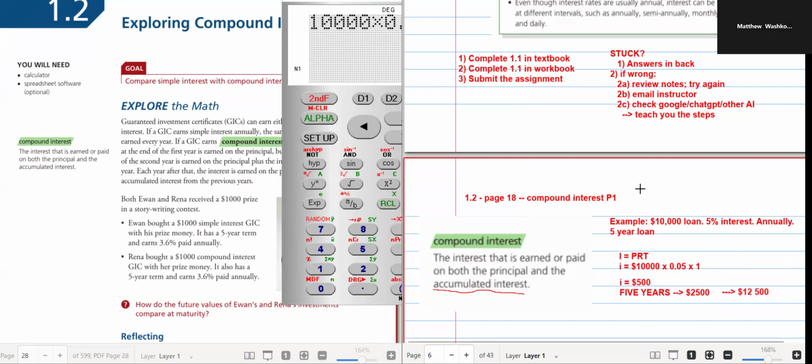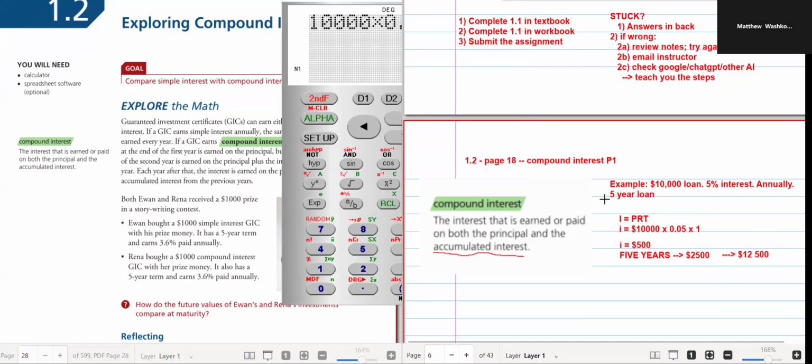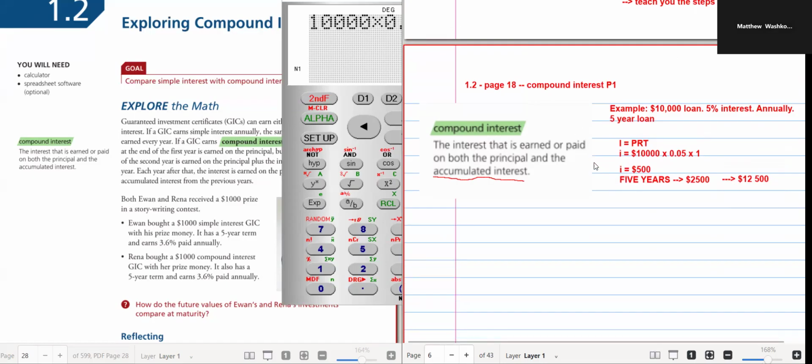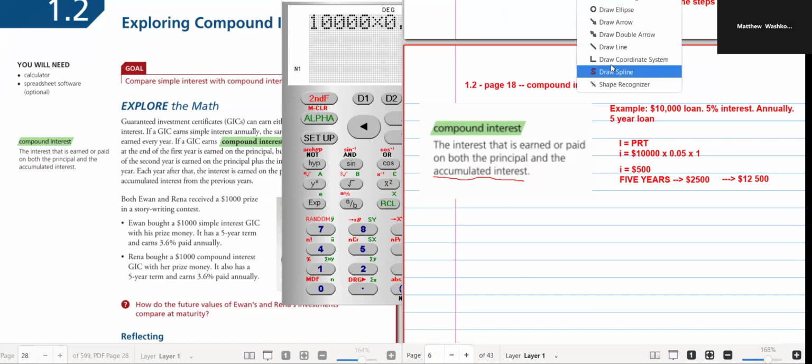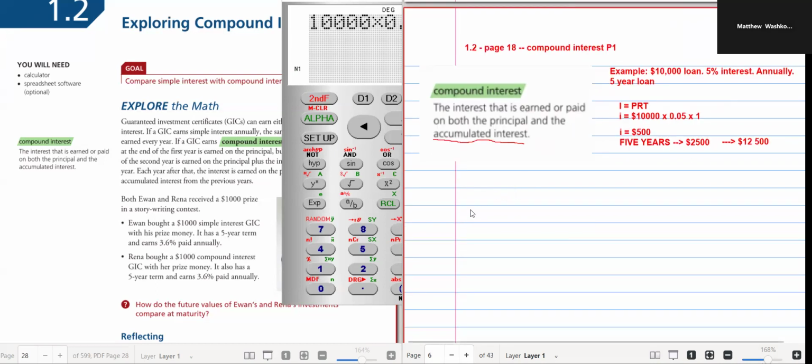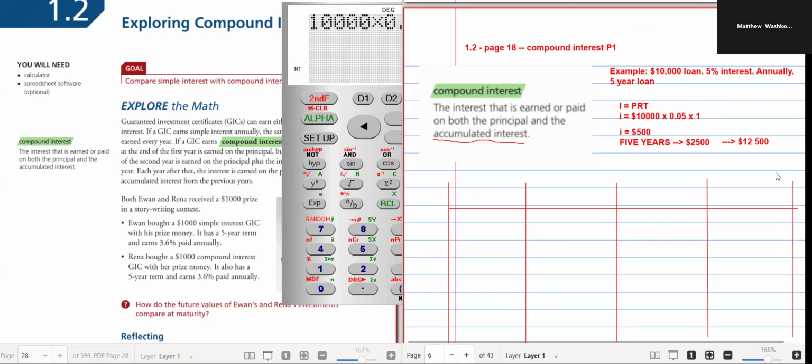Compound interest goes a little bit differently. So this is year one, right? What I'm actually going to get you guys to do here is draw yourself a nice table. It should have 4 total categories and a header here.